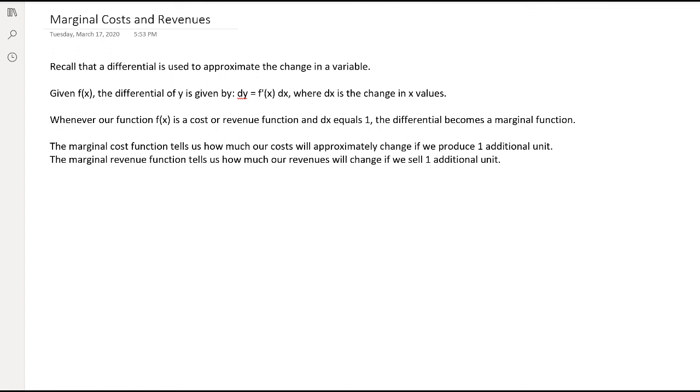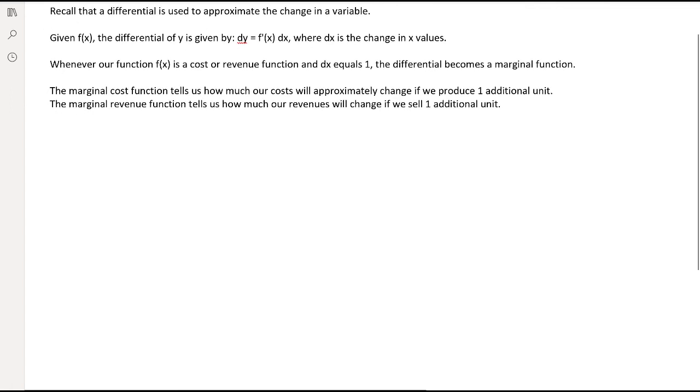Let me give you some notation here. MC of x represents marginal cost. Let's treat it like a differential.